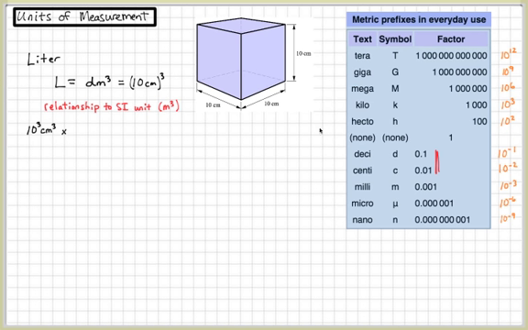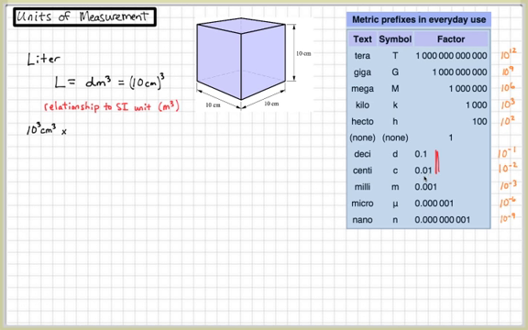If we look over in the table, we see that centimeters are related to meters by 100-fold. In other words, 10 to the minus 2 in this case. So there will be 10 to the minus 2 meters per centimeter.